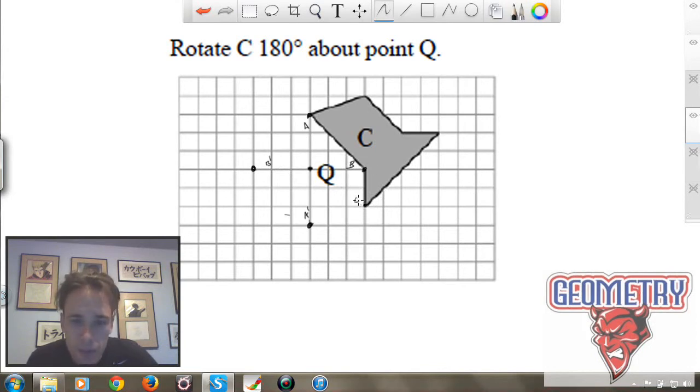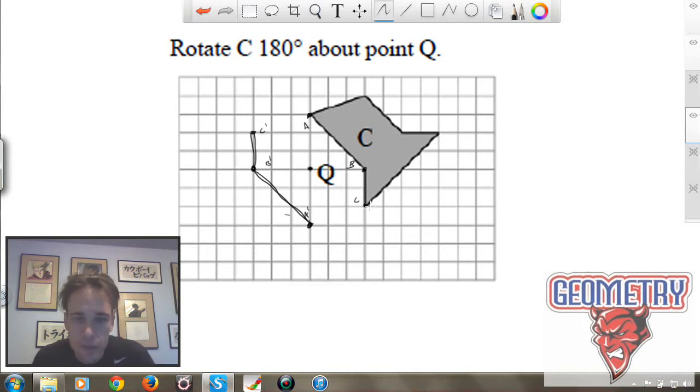This point, we'll call this C, is 2 units directly below B, which means over here it will be 2 units directly above C. So you already have 2 of the sides here drawn in. Now, let's go from here.